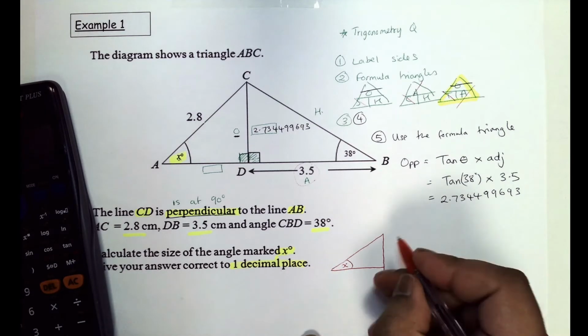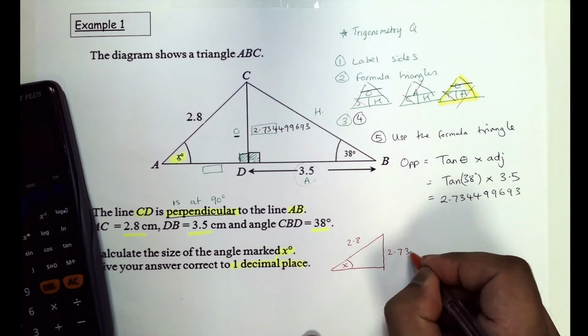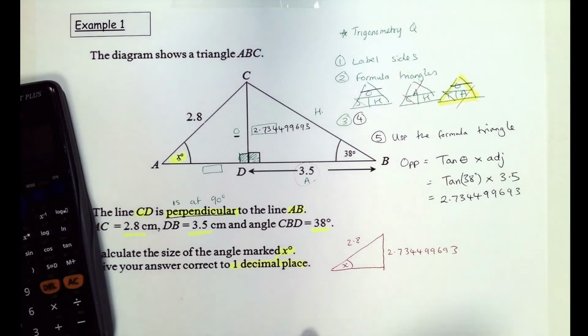You know that's 2.8 and you know that's 2.734499693. So I've just drawn myself another diagram just to make it easier. Same again, let's use trigonometry to work out that missing angle.